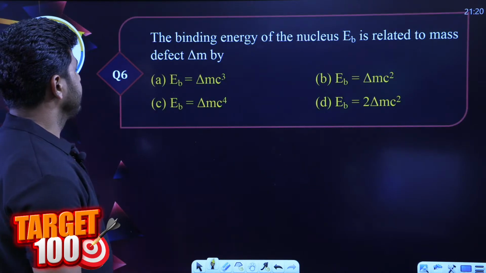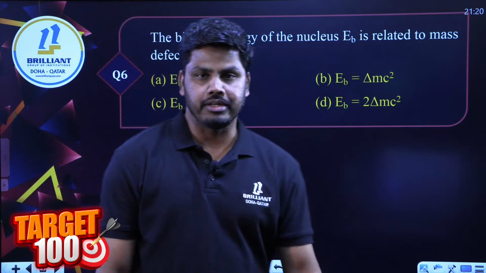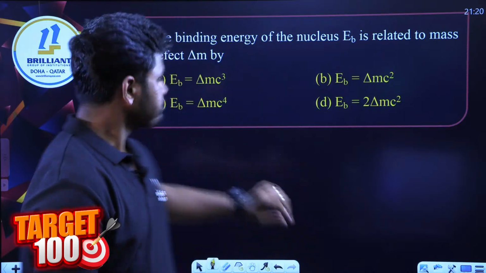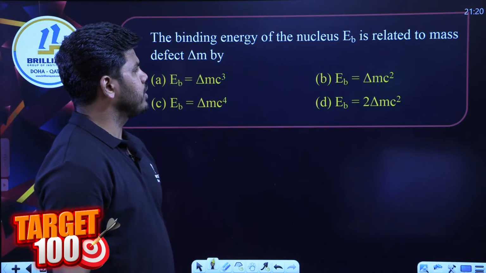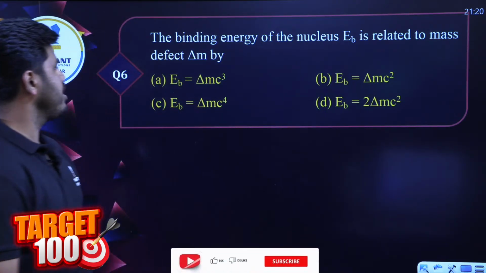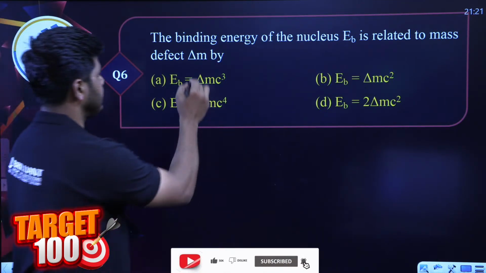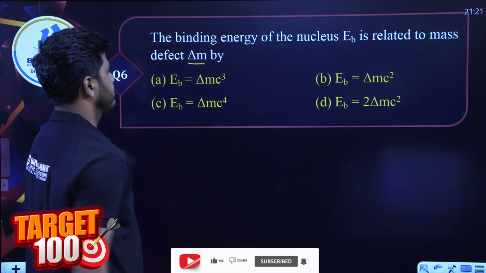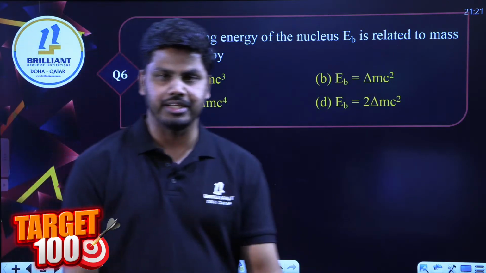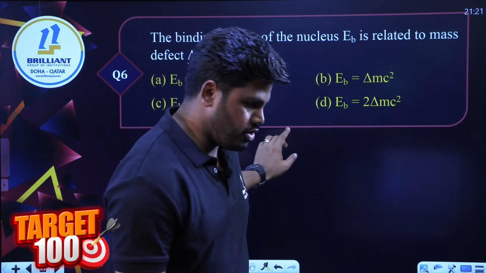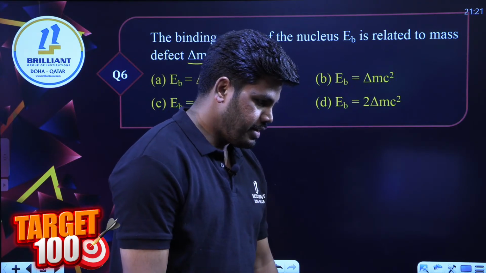Let's see. We are coming to the binding energy part. Now, binding energy of the nucleus E_B is related to the mass defect delta M. Delta M stands for mass defect. How is mass defect related to binding energy of a nucleus?